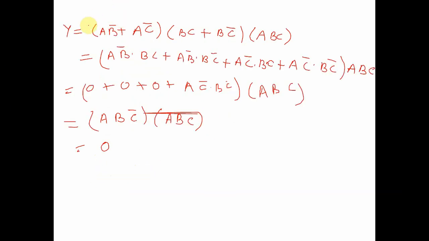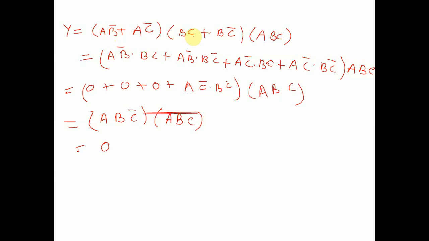Now I am taking a second example. Y is equal to, in the first bracket AB bar plus AC bar, in the second bracket BC plus BC bar, and in the third bracket ABC. Here the AB bar term is multiplied with BC, so I write AB bar into BC.